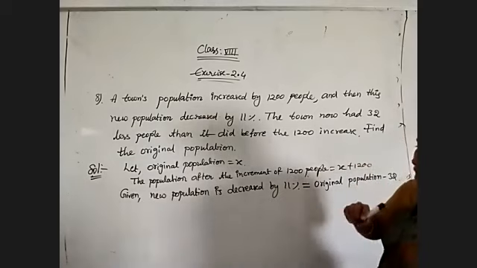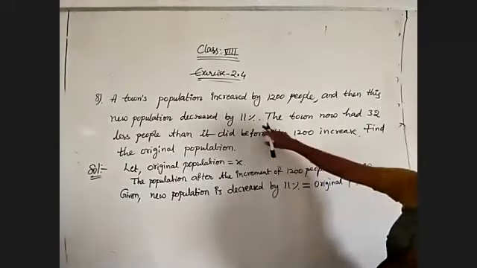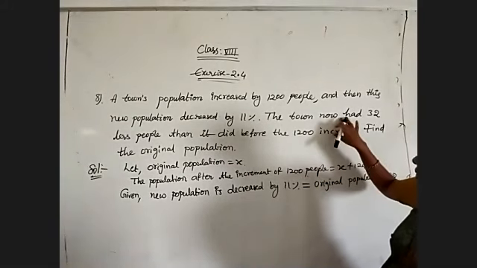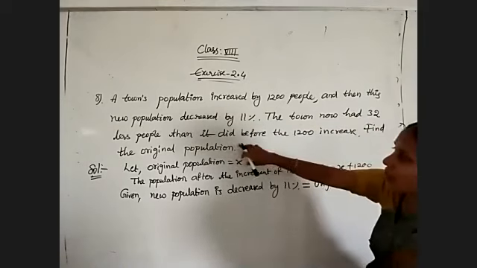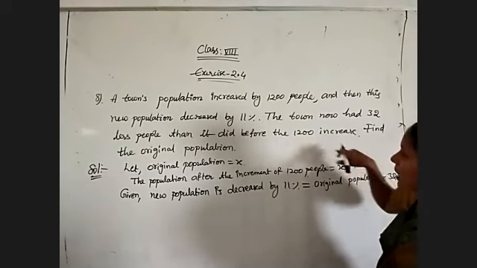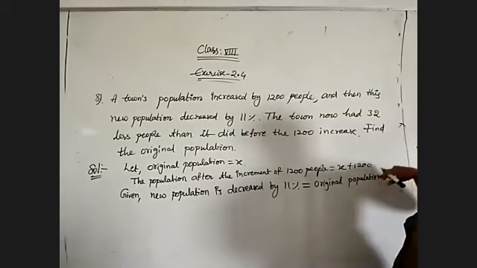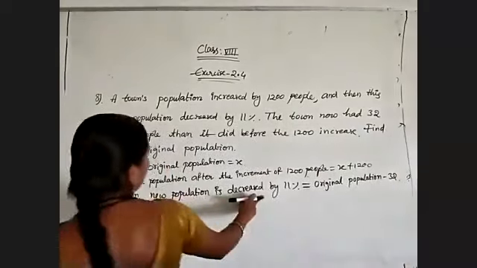Observe this condition. The new population is decreased by 11%. Whatever value we got is equal to the town now had 32 less people than before the 1200 increment. Before the 1200 increment is the original population, so original population minus 32.